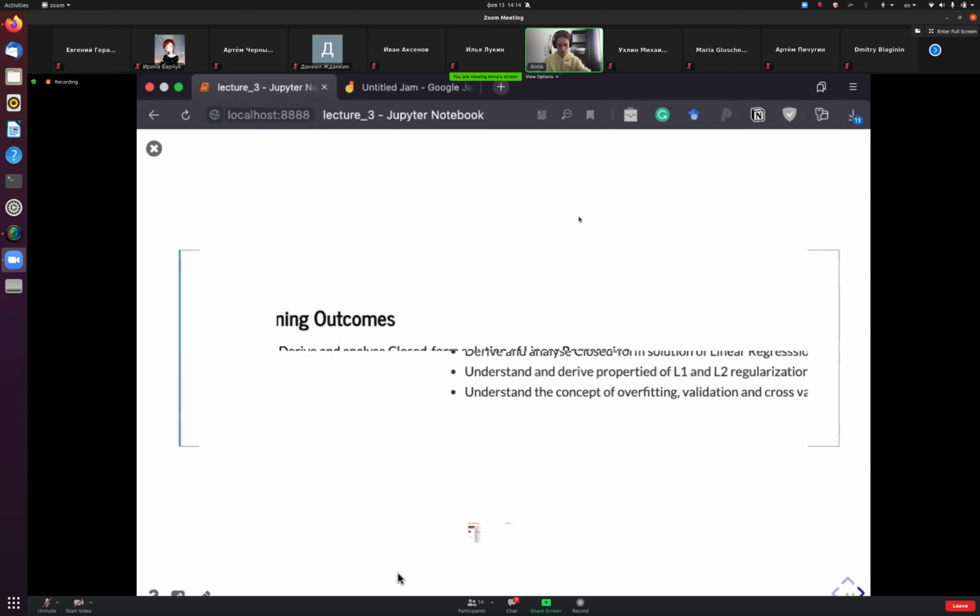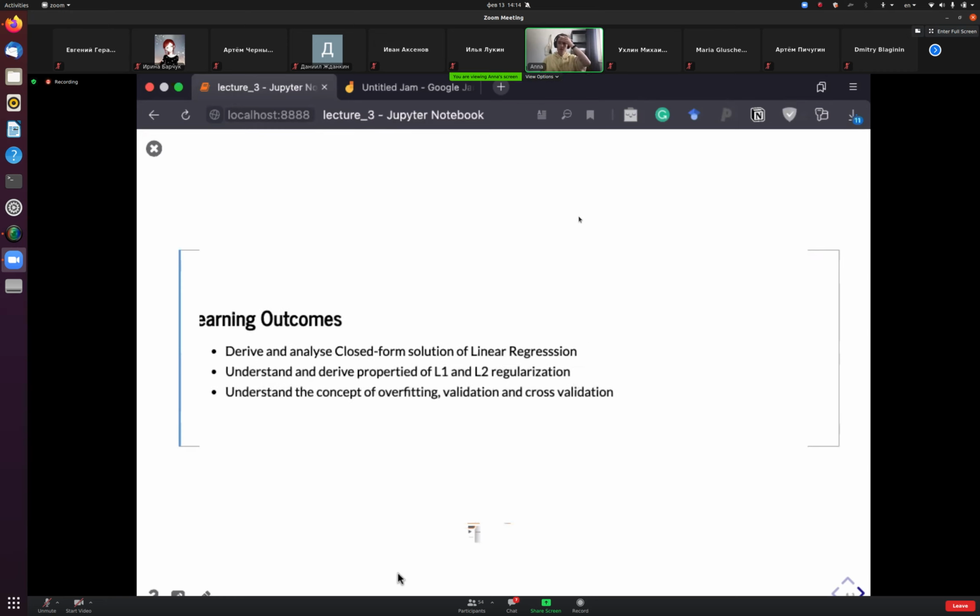Okay, so that brings us to the end of my talk today. Let me remind you of the objectives that you see on the slide. We talked about the closed form solution for linear regression. We discussed properties of linear regression with L1 and L2 regularization. What's cool about regularization is that it helps with overfitting. It basically restricts your model, or penalizes the model for having large weights.